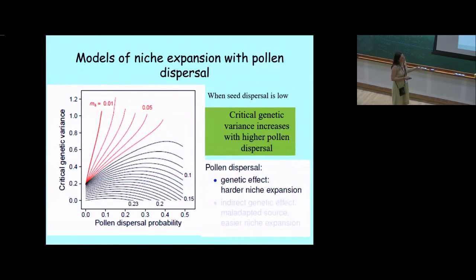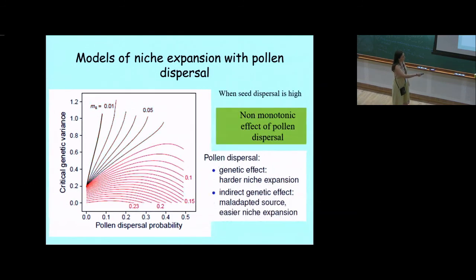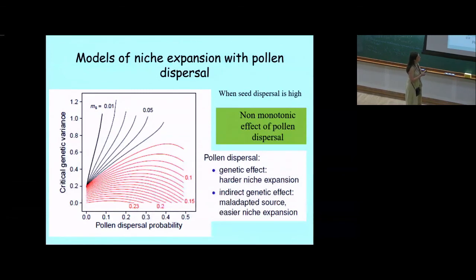And basically, that's the main effect of pollen dispersal, except for pretty high seed dispersal. Then you have a more complex effect of pollen dispersal, because if you already have a lot of seed dispersal and already a big population in the new habitat, then pollen dispersal is also acting back to reduce adaptation in the ancestral habitat.